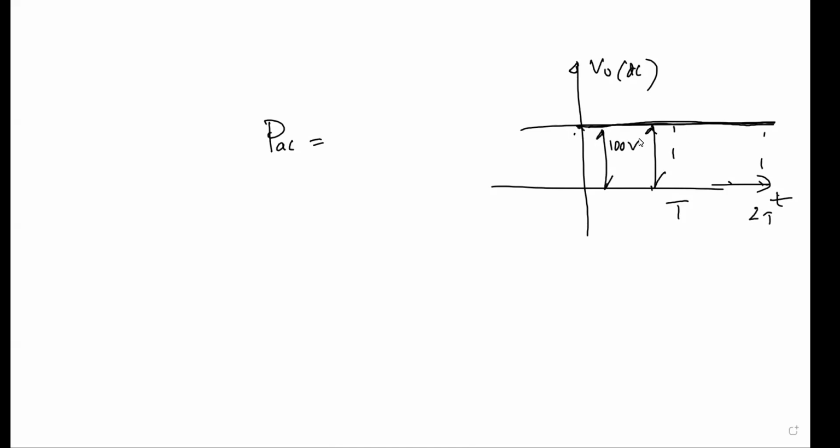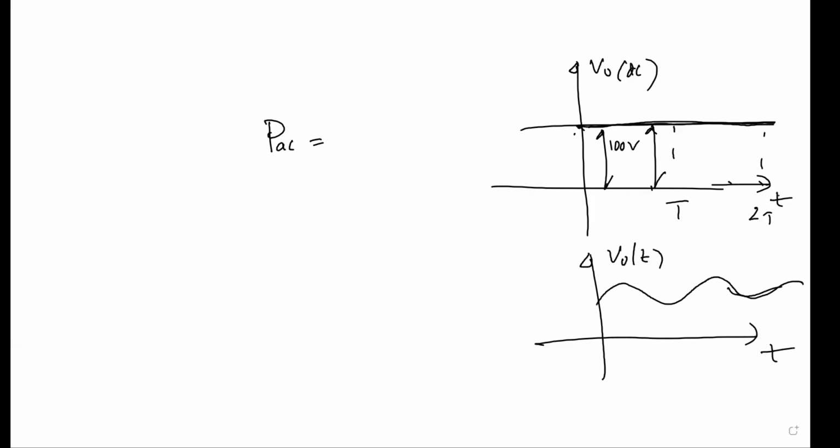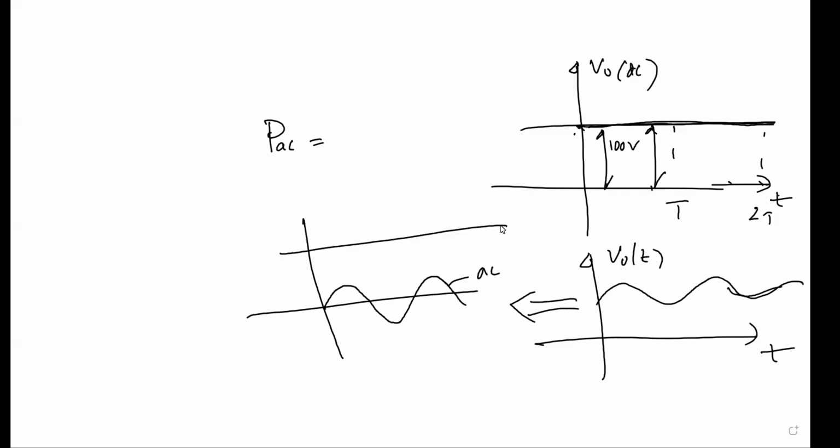Okay. But if it is not like this, suppose you have an AC and a DC component here. With respect to T, we can separate the DC component and the AC component. This is the purely AC component, and this is the DC component.